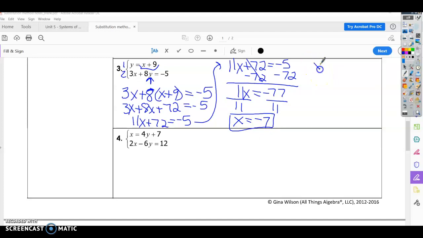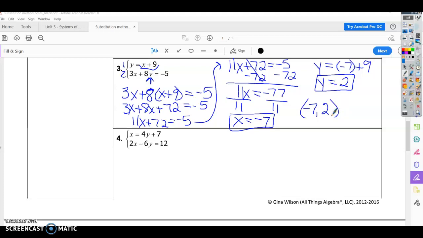So I'm going to have y equals, my first equation says x plus 9. So I've got x plus 9. Now I know that my x is negative 7. So negative 7 plus 9 is positive 2. All right, again, I need an ordered pair. Negative 7, 2, and you need to check it.